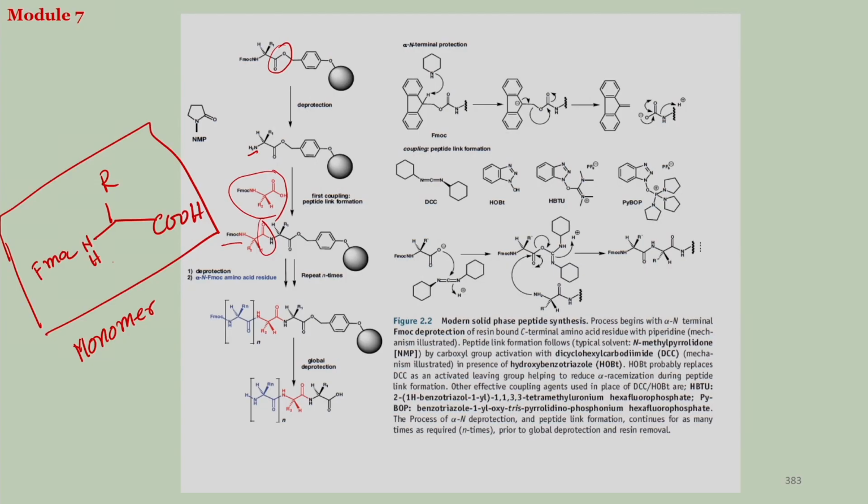Once you finish adding all the amino acids stepwise, then finally you need to cleave this bond here. That is a global deprotection to remove the solid phase to get your acid C terminal back, and it is basically a single step, where you can cleave this bond as well as all the protecting groups that you have used on the amino acid side chains.